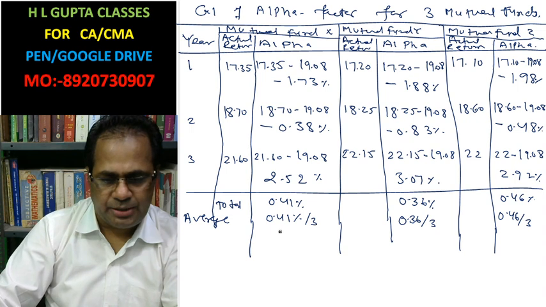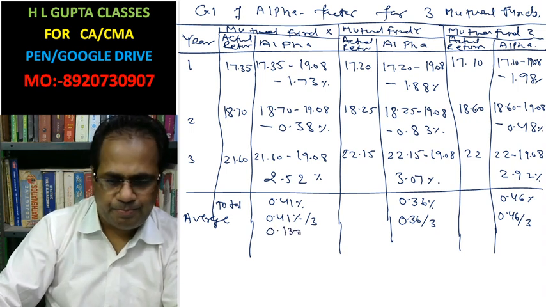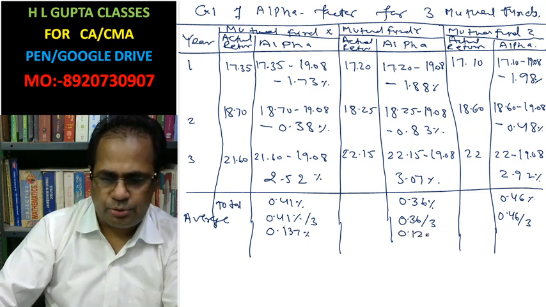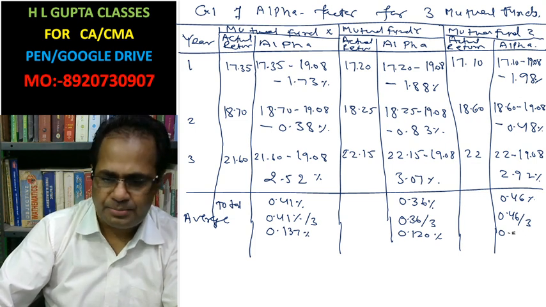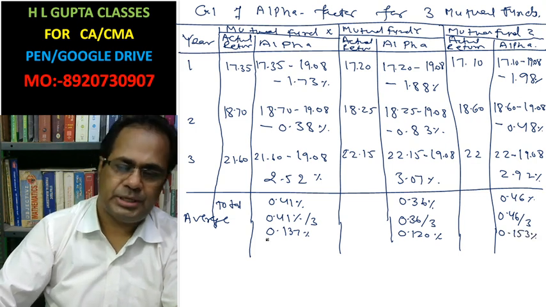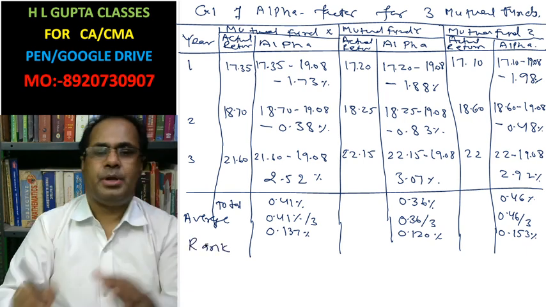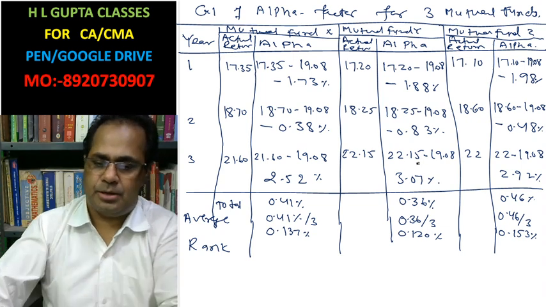This is 0.137%, 0.120%, 0.153%. You can find the rank: having the highest average alpha is the first rank.